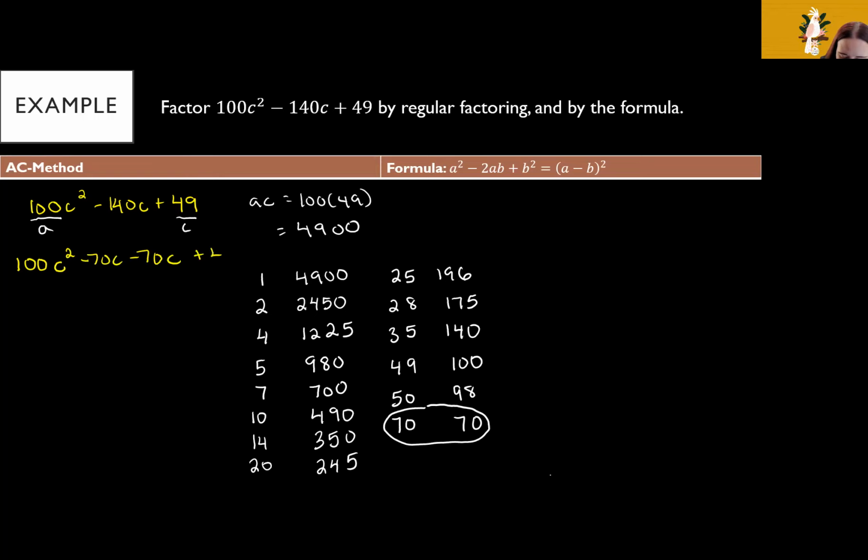And then plus 49. So you're creating an extra term here. You're taking the middle, you're splitting it up, and this allows us to do grouping. So we're going to group the first two together and the last two together. And so you put them in parentheses to indicate that you are grouping them. And there's always a plus sign in between them.